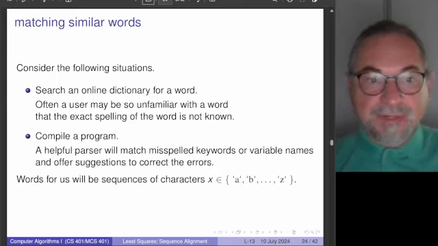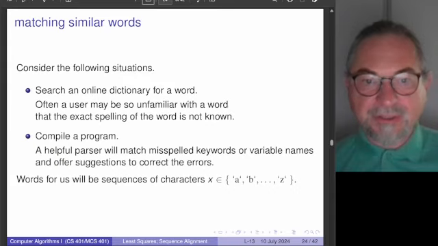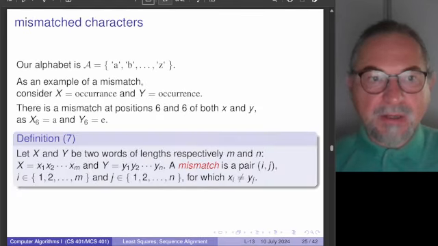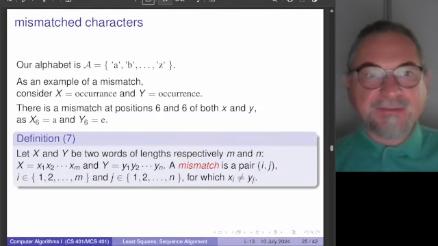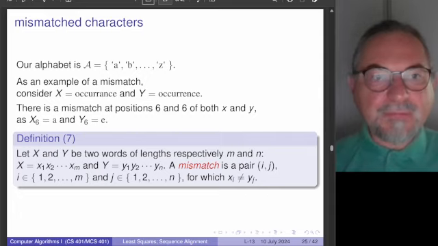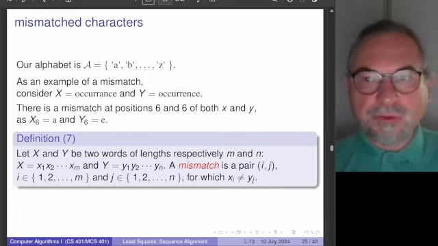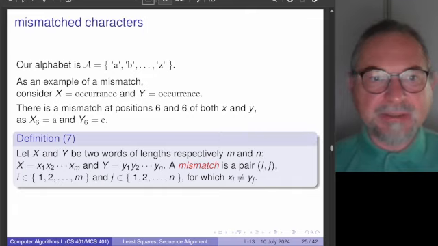Okay, let's try to make this more formal. A word for us is a sequence of characters, lowercase letters of the alphabet. So that's our alphabet. And we will look for mismatched characters.